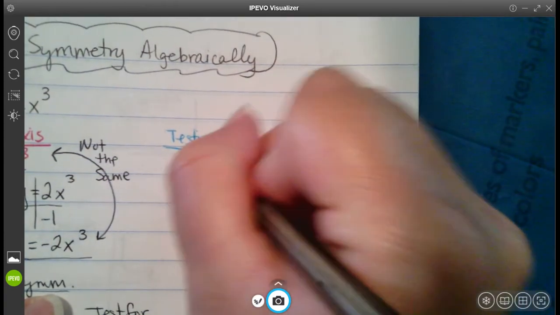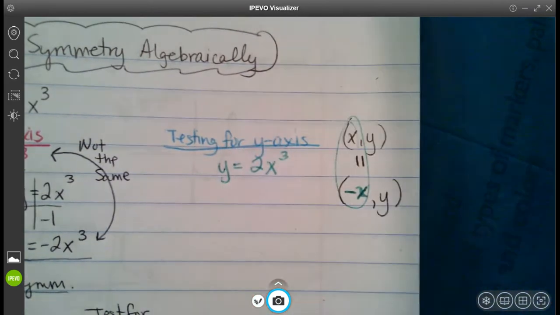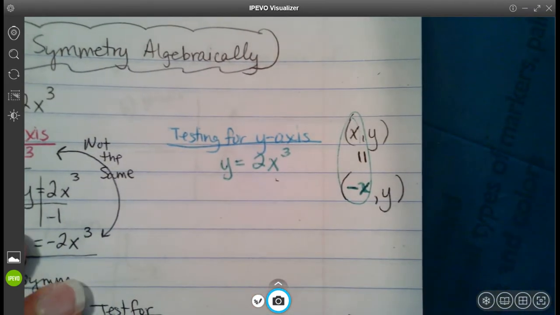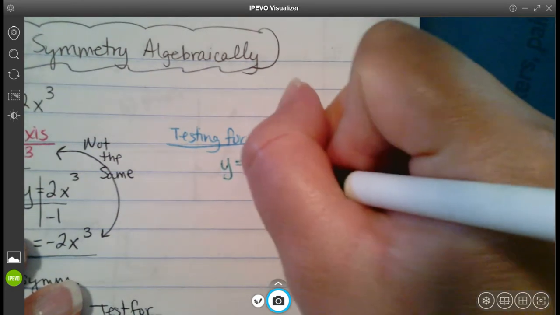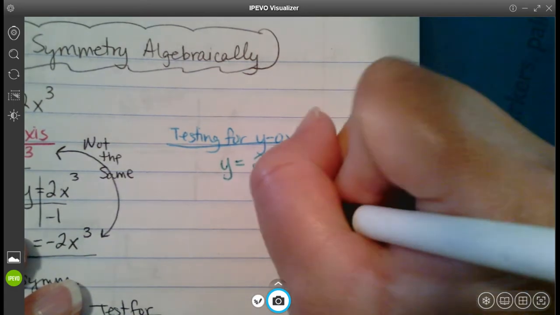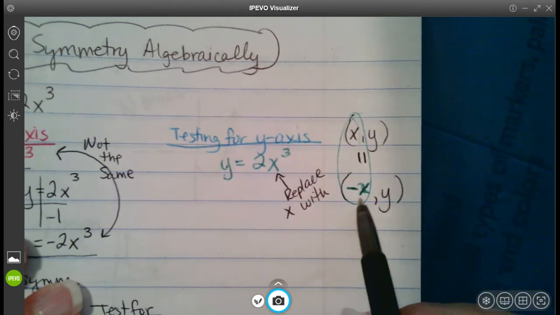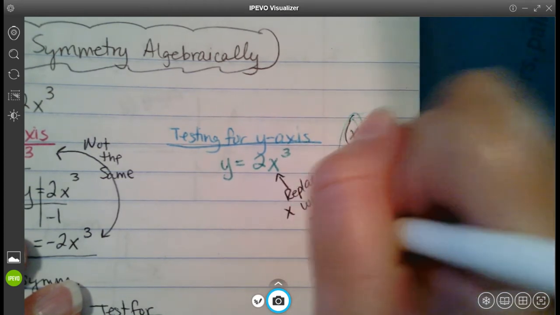So here's my original equation again, y equals 2x cubed. And for this one, we're going to replace the x with whatever's over here, so negative x.